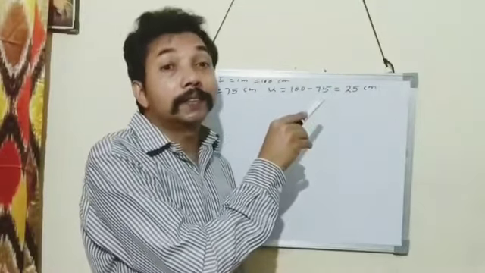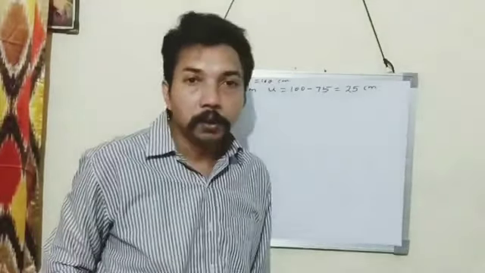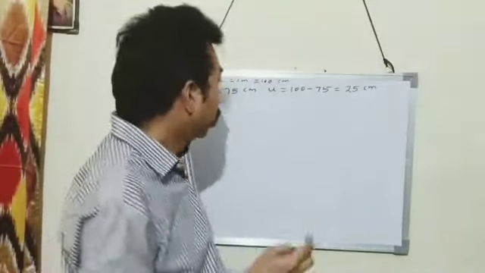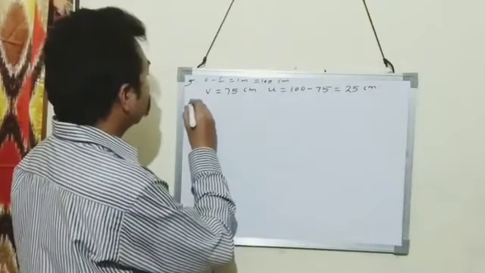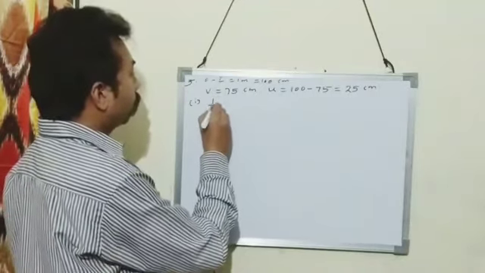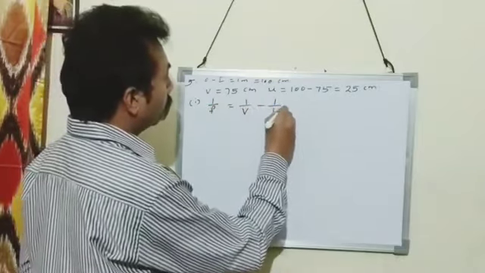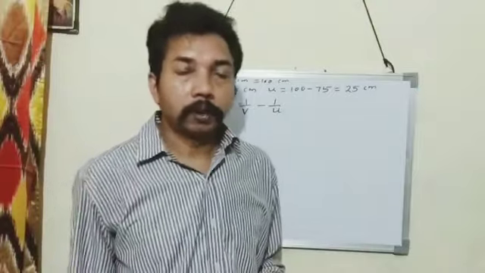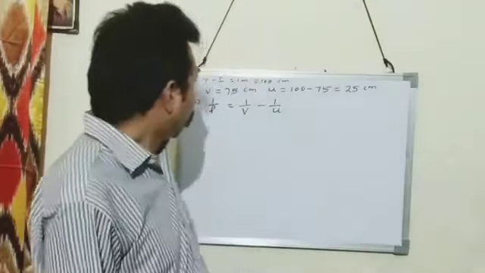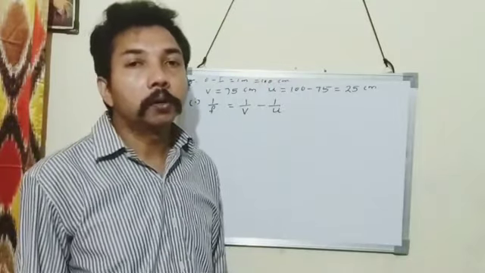Distance between lens and object, that is 100 minus 75 equal to 25 centimeter. In the first part we have to find the focal length. So which formula will we use? 1 upon f is equal to 1 by v minus 1 by u. You write the formula.